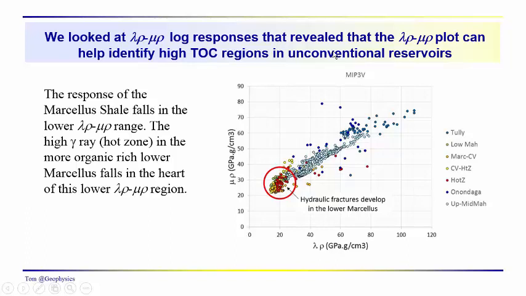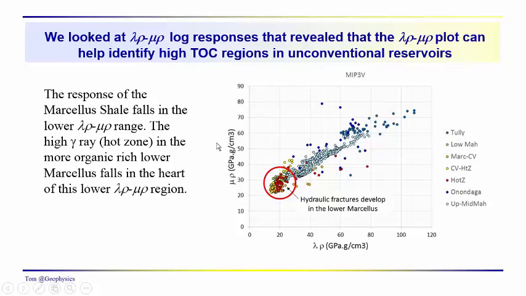We're doing this because, in the lambda-rho, mu-rho plot that you see here, looking at unconventional shale resources, specifically in this case the Marcellus, lower lambda-rho and mu-rho values tend to be a good way to differentiate the high TOC regions within the producing Marcellus and other unconventional shale resources.